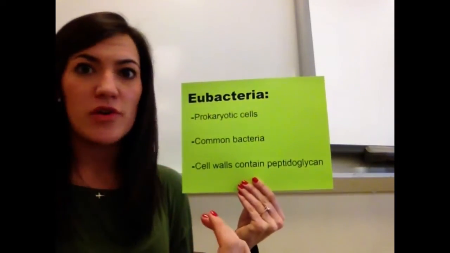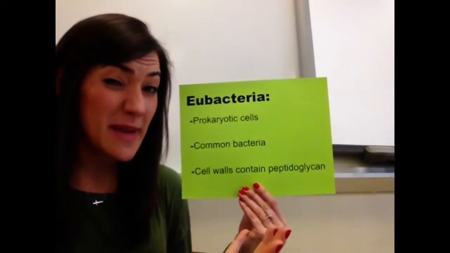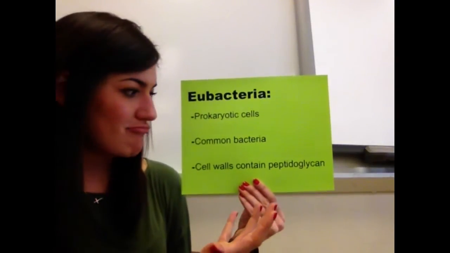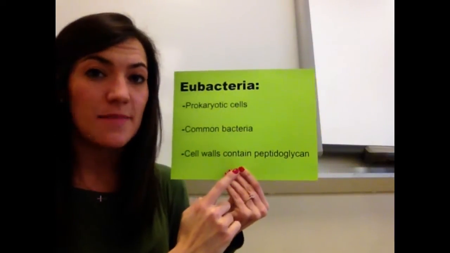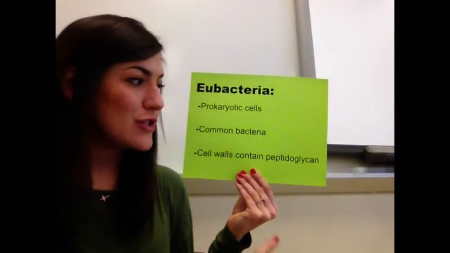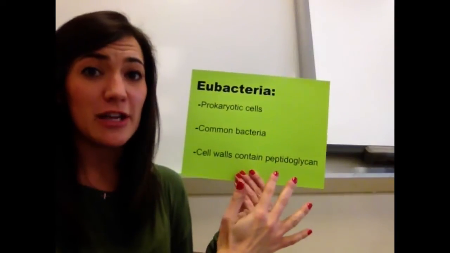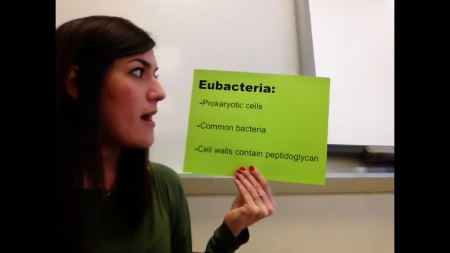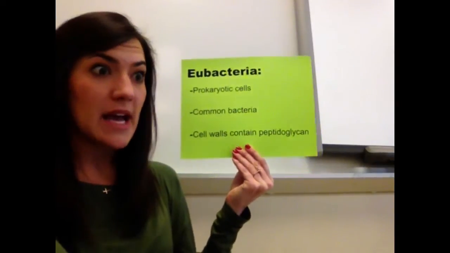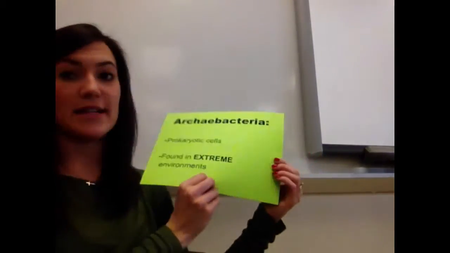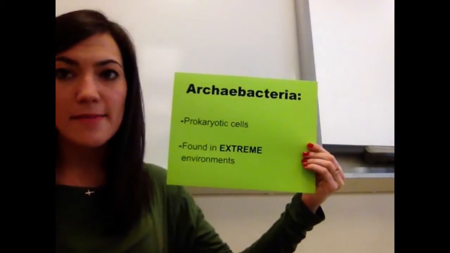This is the stuff that you interact with on a daily basis that sometimes makes you sick, sometimes it doesn't. And lastly, Eubacteria has cell walls that contain something called peptidoglycan. So this word right here is one you're definitely going to want to tuck away and remember that those contain peptidoglycan.